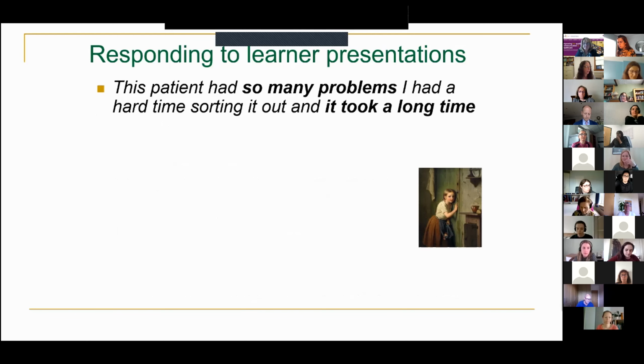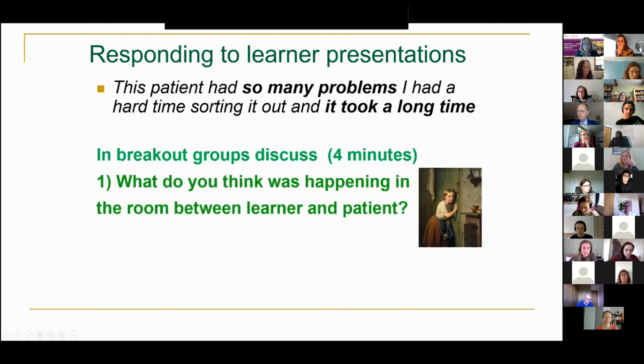So what I want to do is just take this first one. The patient had so many problems. I had a hard time sorting it out, and it took a long time. So what I'm going to ask you to do is think about, see this picture here? If you were leaning on the door, listening in, or even better, if you were a fly on the wall in the room with that learner and that patient before they came and reported to you, I want you to discuss these things.